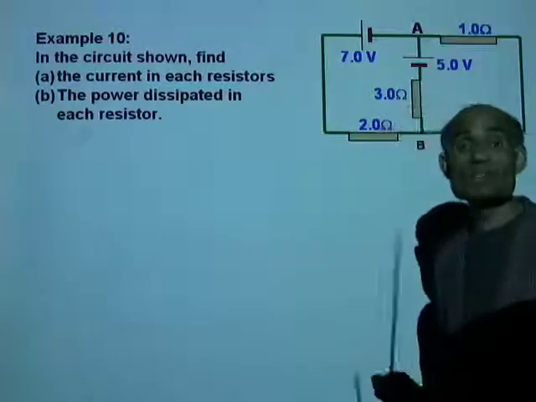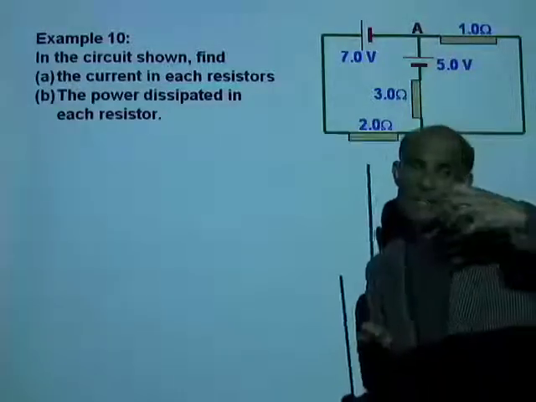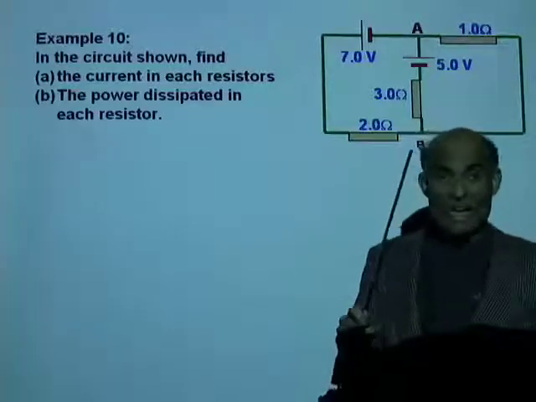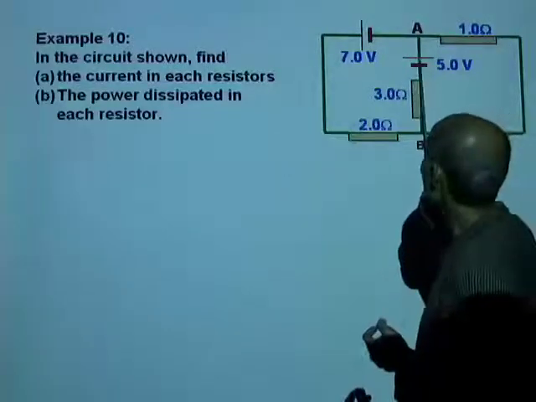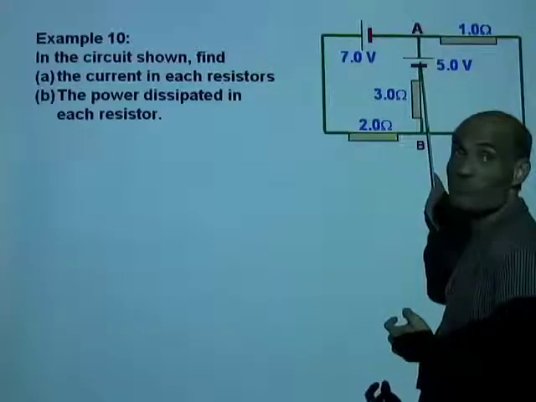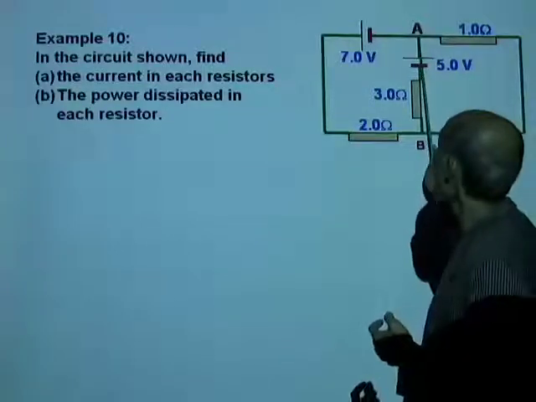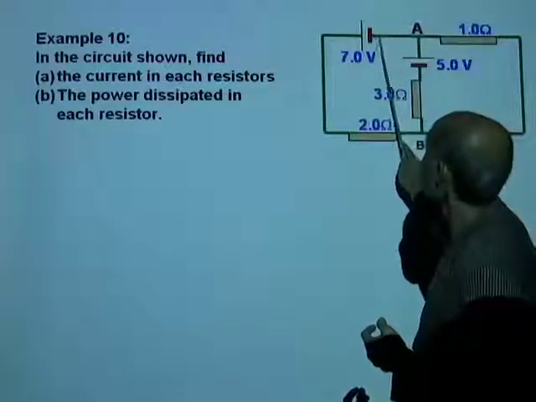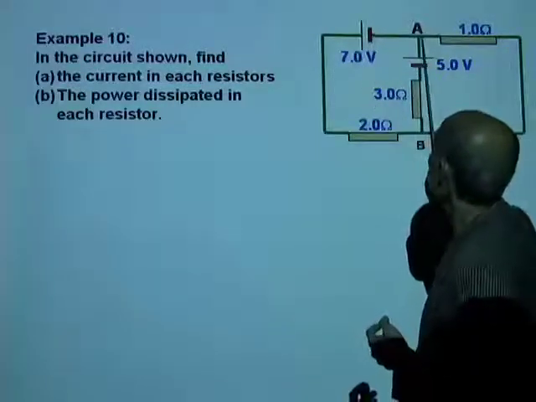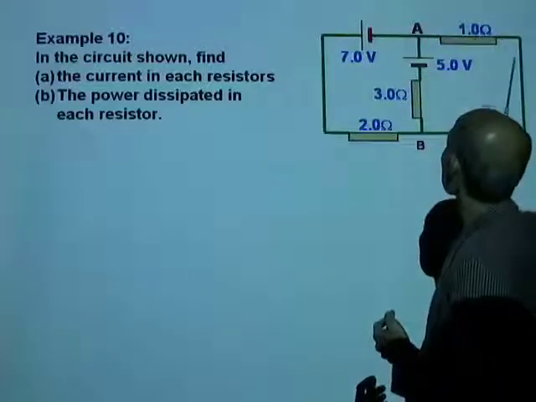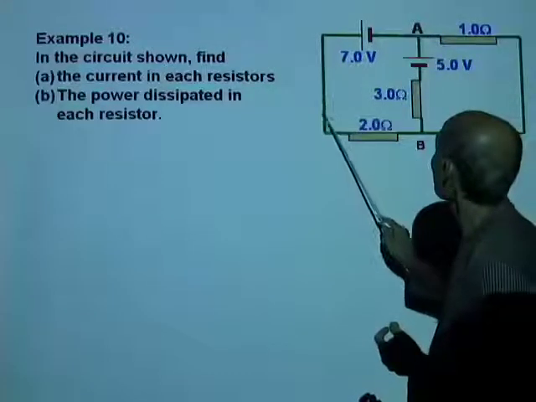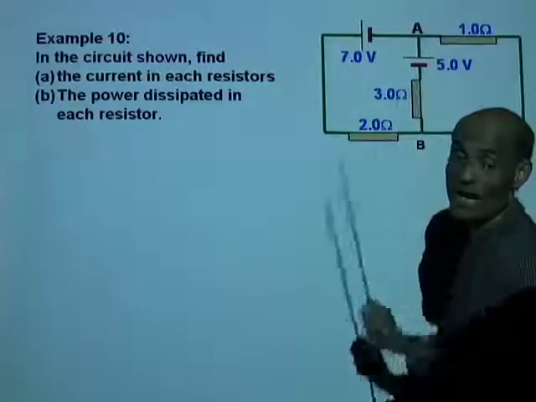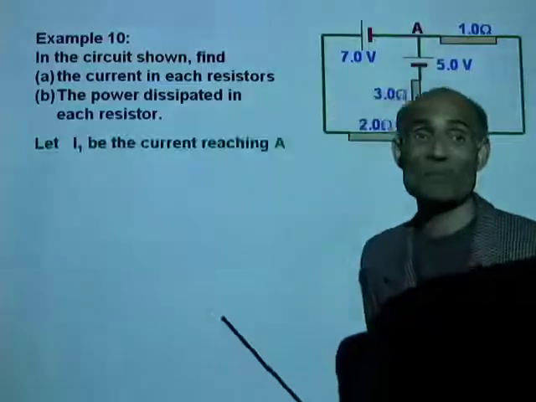Well, one way to think about it is, remember, a current always starts from the positive of the battery and ends in the negative. So let's say a current starts from the positive end and reaches A. When it reaches A, a part will go through left and another part will go to the right, and they will both come back to junction B, join together and go back to the cell.